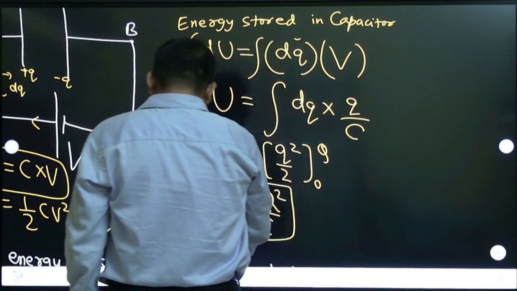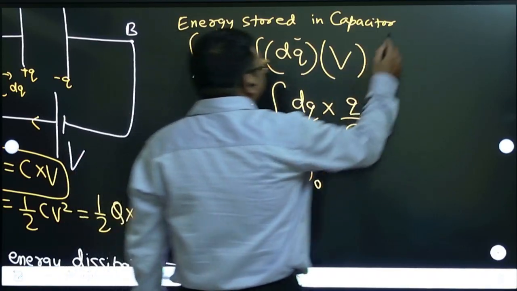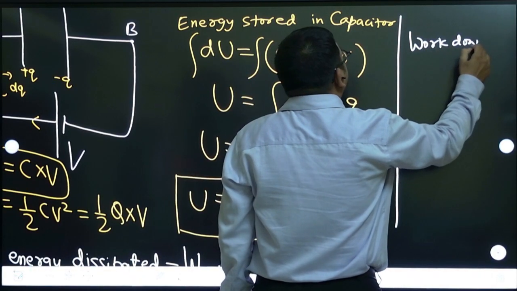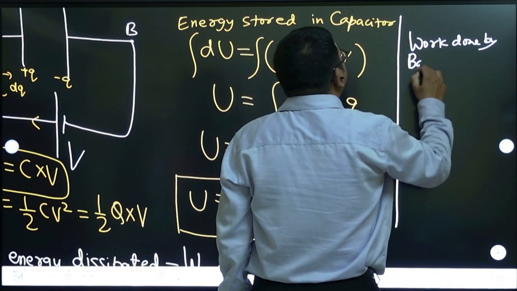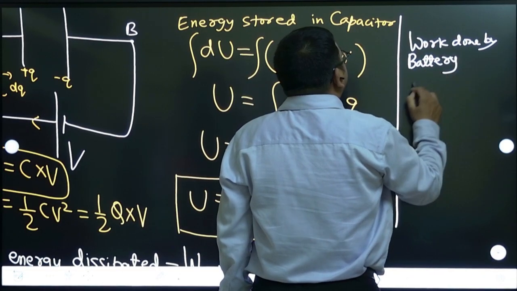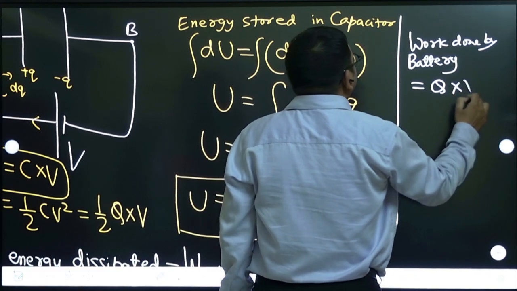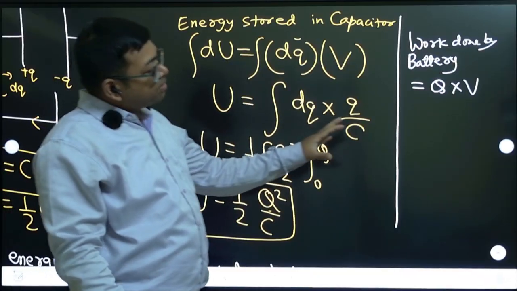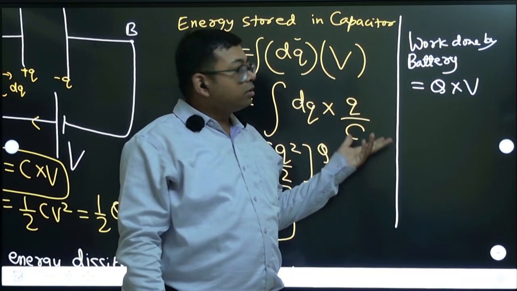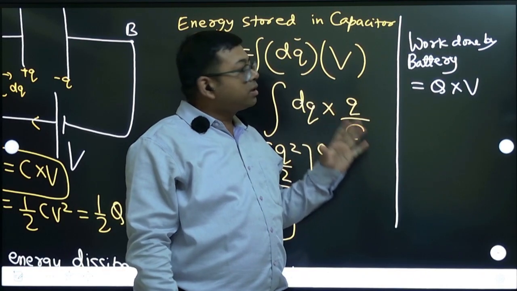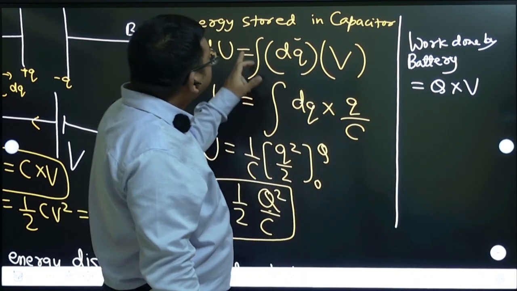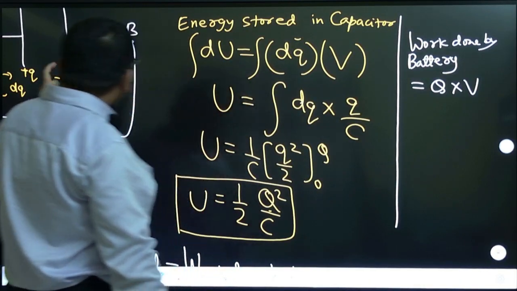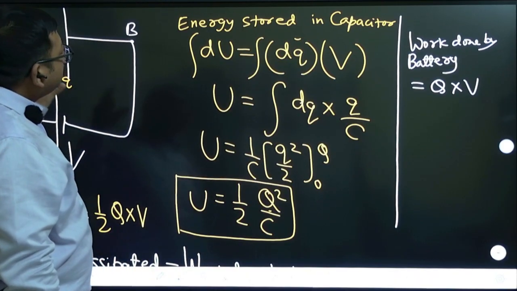Note that work done by the battery is equal to charge into voltage, because the battery potential difference is V and the total charge the battery is supplying is capital Q. So capital Q into V is the work done by the battery. And this integration that we are doing is the energy stored in the capacitor, because in the capacitor, what is the energy stored?